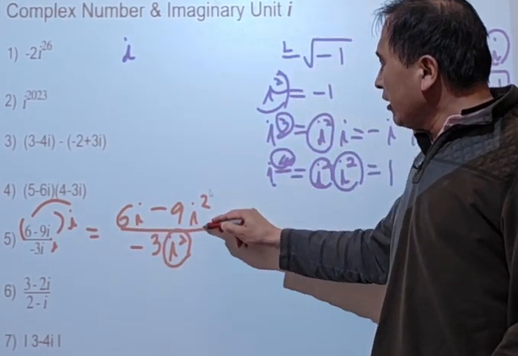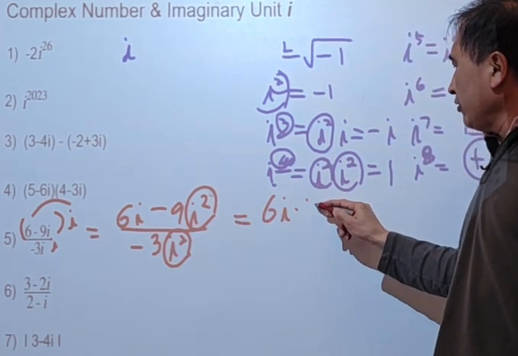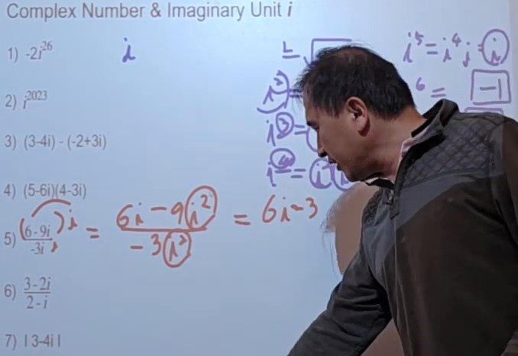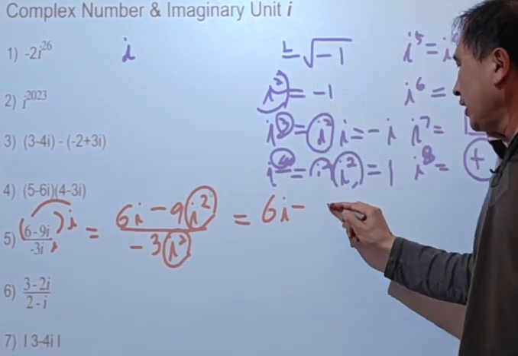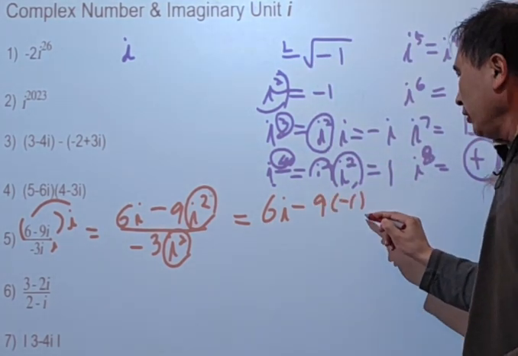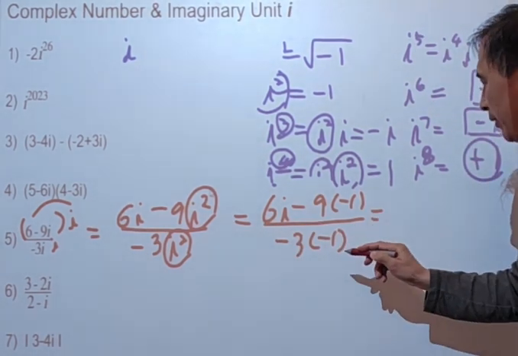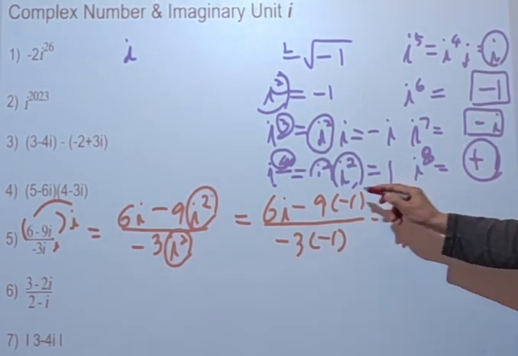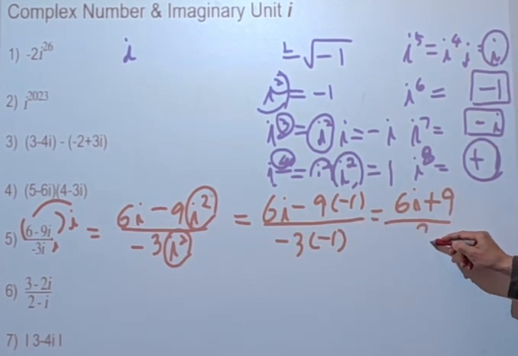And i squared equals what? Negative 1. So I change that: 6i minus 9i squared, where i squared is negative 1, and minus 3i squared, where i squared is negative 1. So I simplify, this is 6i, minus minus becomes plus 9, minus minus becomes plus 3.